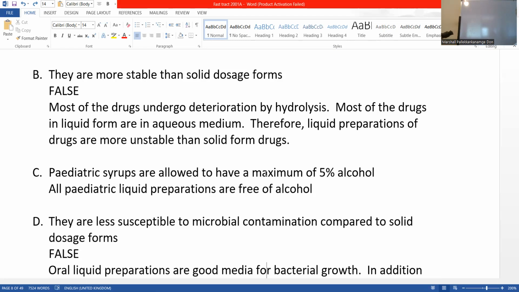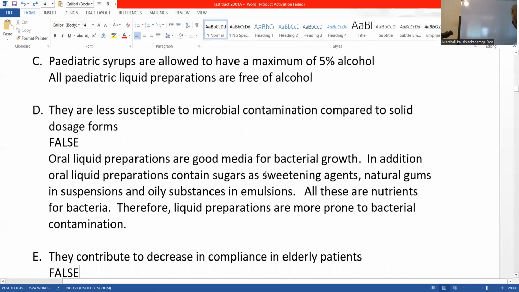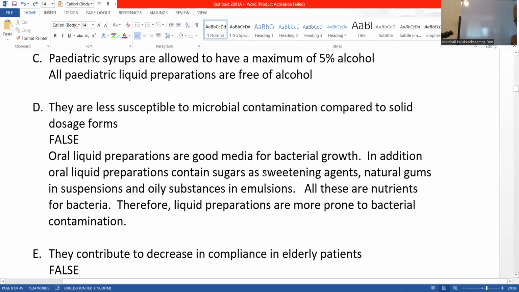C, pediatric syrups are allowed to have a maximum of 5% alcohol. That is false. Pediatric syrups are not included with any alcohol. No pediatric preparations are with alcohol, so that is false. D, they are less susceptible to microbial contamination compared to solid dosage forms.